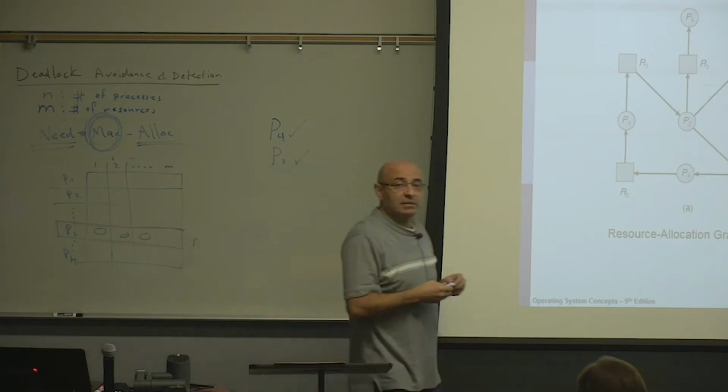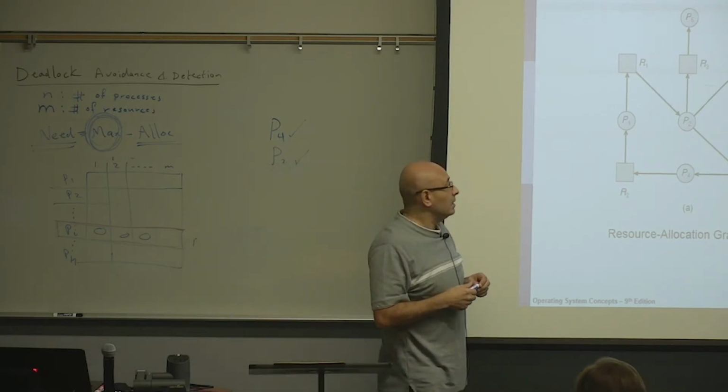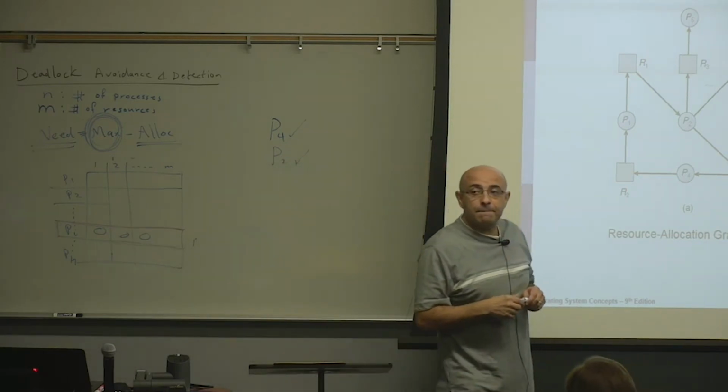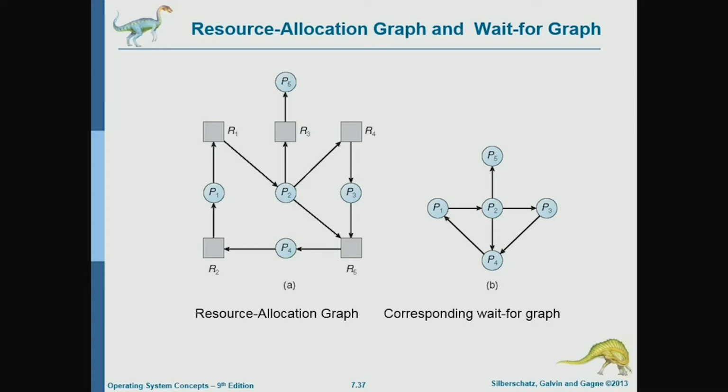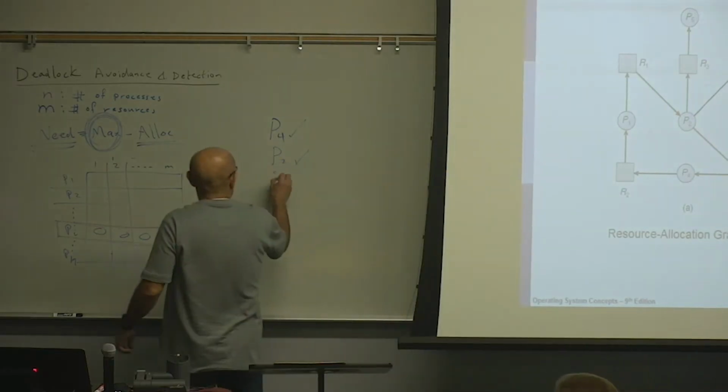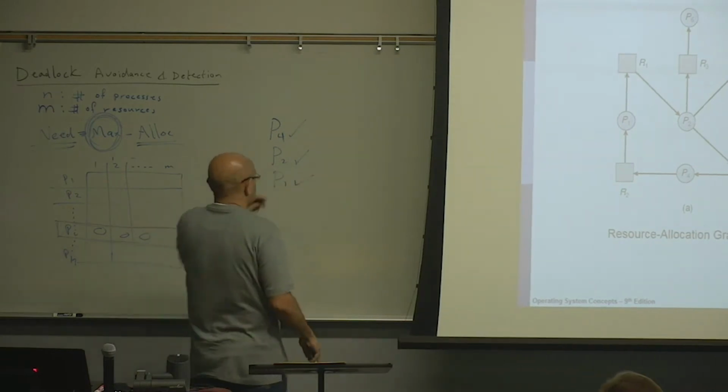What else? P3? Or no, sorry, P1? Yeah, P1. Again, if we eliminate P1, we will end up with this, and this is not a cycle. So if we eliminate P1, there will be no deadlock.